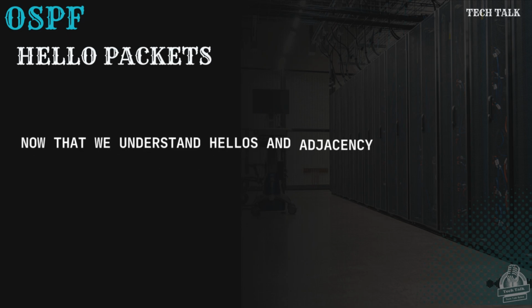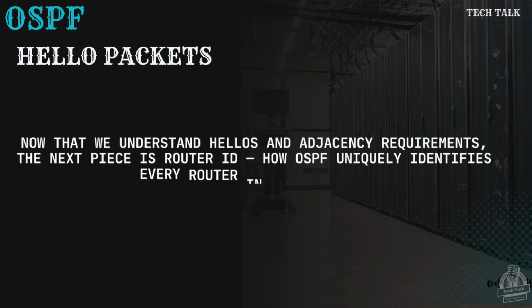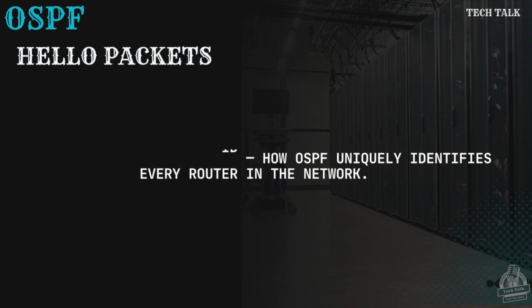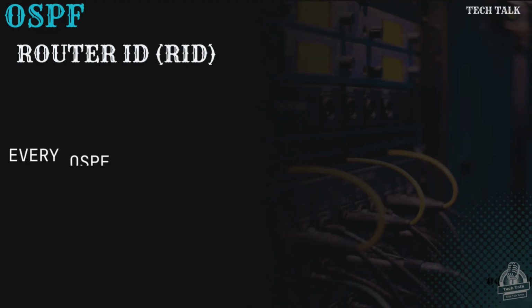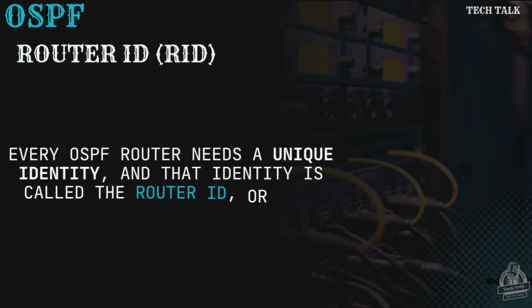Now that we understand hellos and adjacency requirements, the next piece is router ID, how OSPF uniquely identifies every router in the network. And this one shows up everywhere on the CCNA. Every OSPF router needs a unique identity, and that identity is called the router ID or RID.